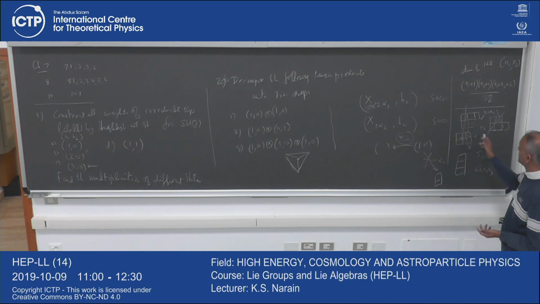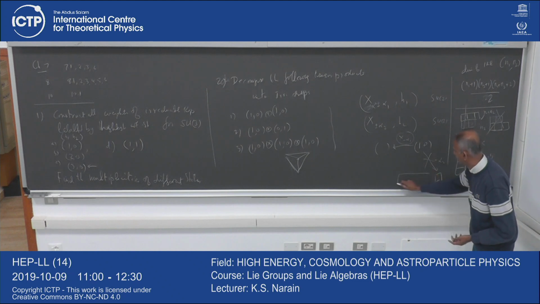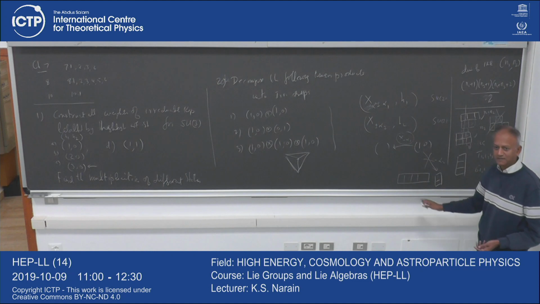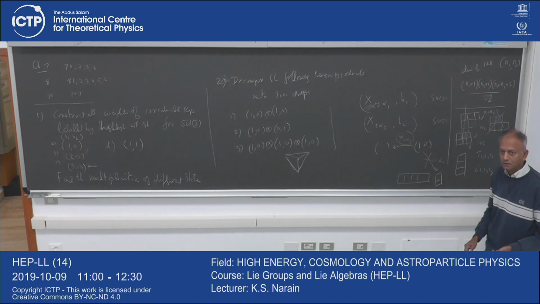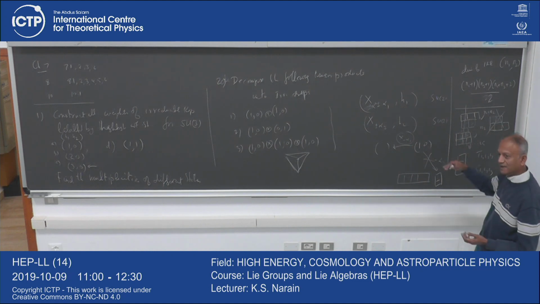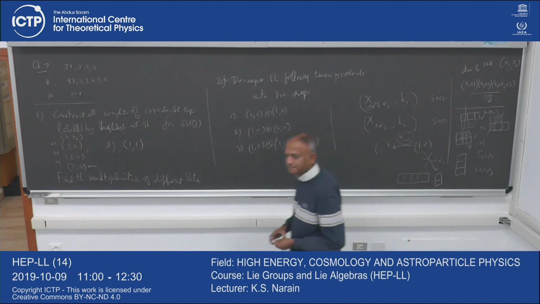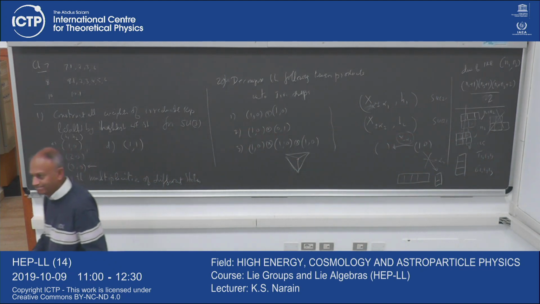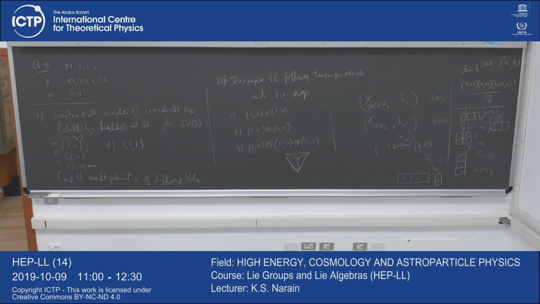So for SU2, everything is just a single horizontal row of boxes. That makes it even simpler to use Young tableau. But SU3 and higher start becoming more complicated. It's very handy for getting quick answers, but you have to follow the recipe.